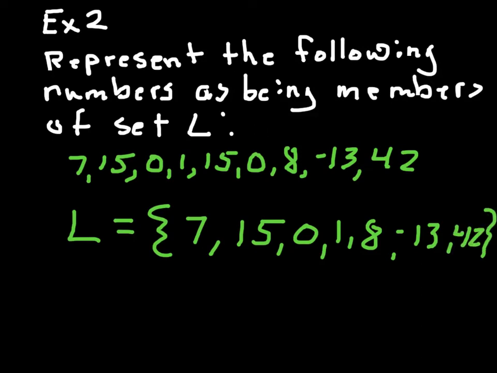So notice here I didn't list them in any particular order. Really all I did is I started from the beginning and said, all right, there's a 7, there's a 15, there's a 0, there's a 1, and so on. And this would be set L containing the members of 7, 15, 0, 1, and so forth.